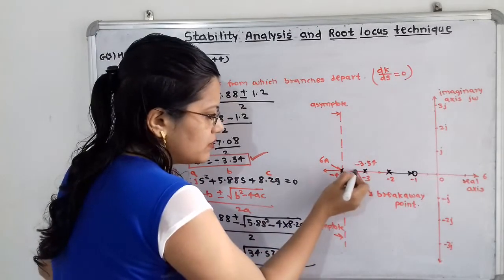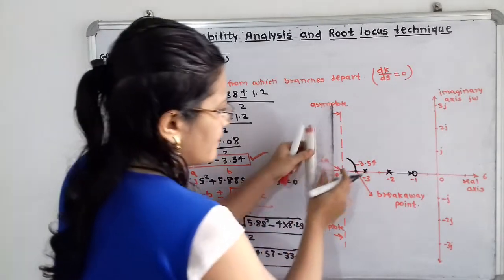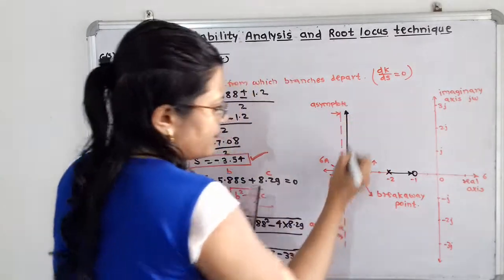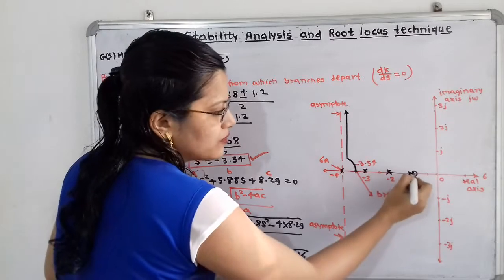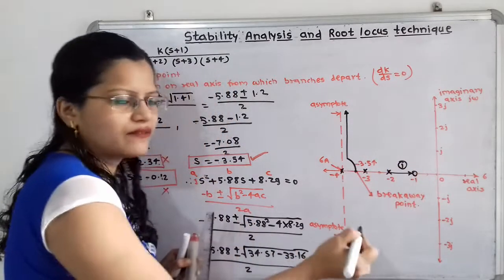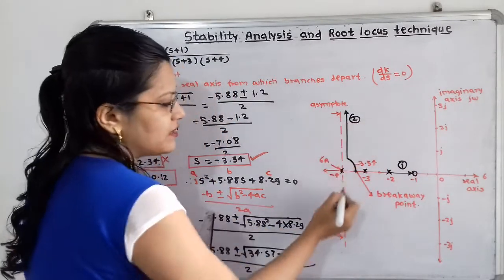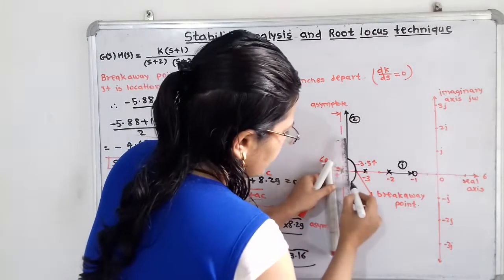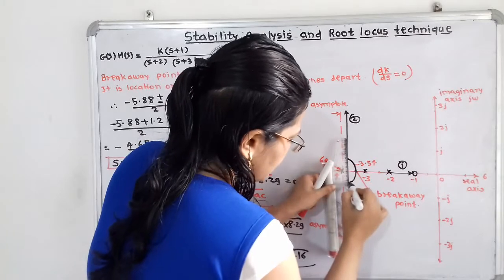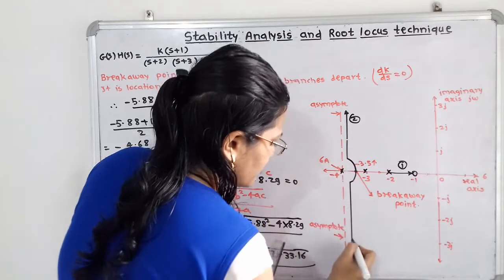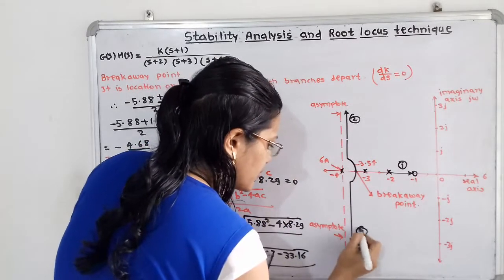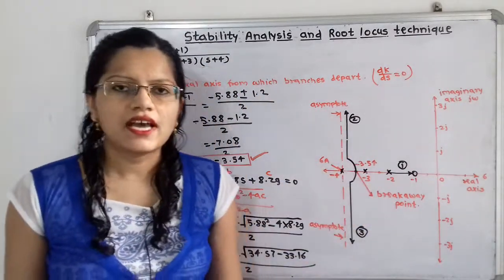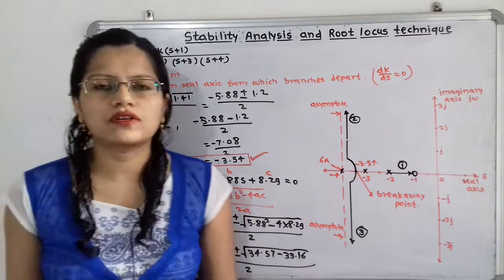So I will show here. It will move to infinity. So this is the second branch. This is the first branch that we have already shown, this is the second branch, and now from this minus 3 again we have to show the third branch. This will also move to infinity. So this is the third branch. All these 3 branches are shown and the root locus is drawn.